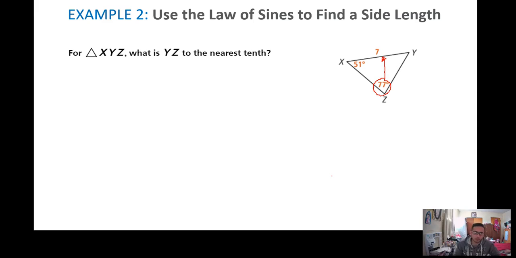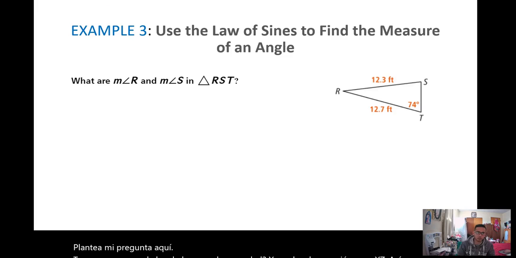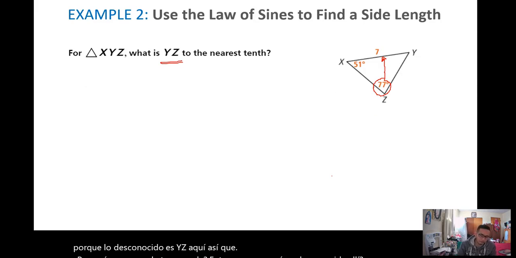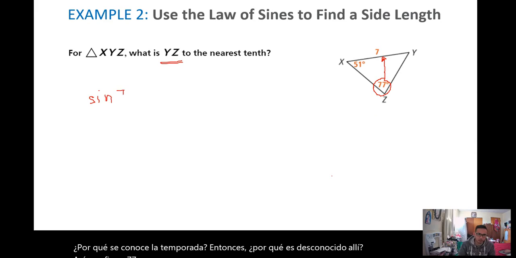Now, I'm going to set my equation here. We have to use the law of sines to write and solve the equation for YZ. Because the unknown is YZ, so sine 77 degrees.